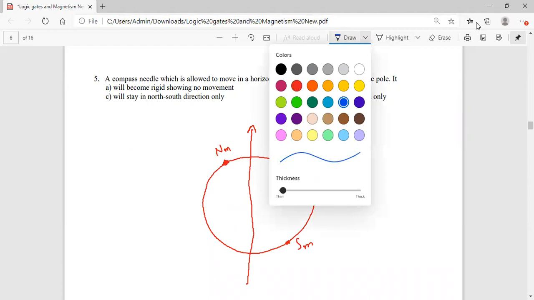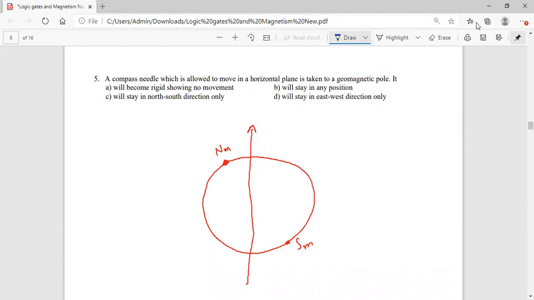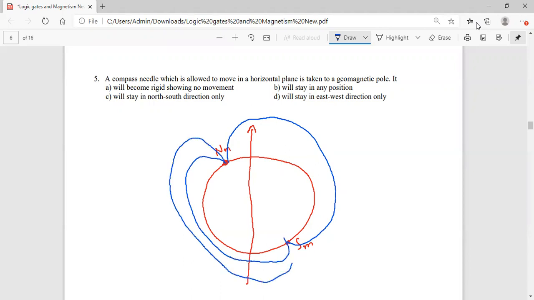The magnetic field lines start from the south pole and terminate near the magnetic north pole, like this. The magnetic field lines are like this.